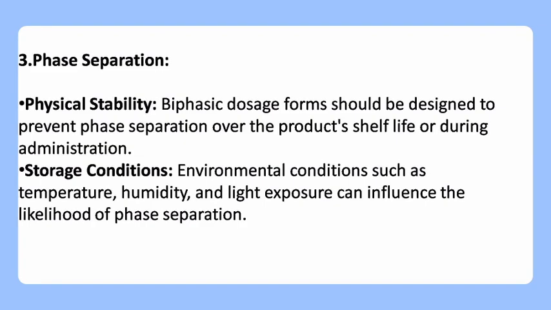Third, phase separation. Under this, A. Physical stability. Biphasic dosage forms should be designed to prevent phase separation over the product's shelf life or during administration. B. Storage conditions. Environmental conditions such as temperature, humidity, and light exposure can influence the likelihood of phase separation.